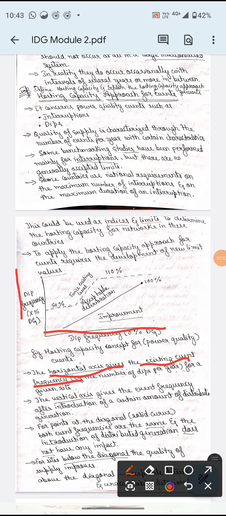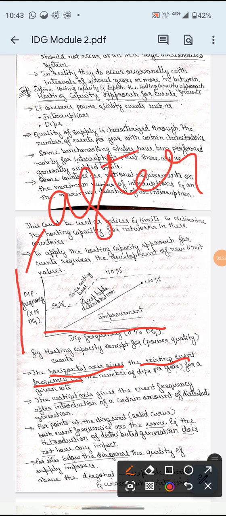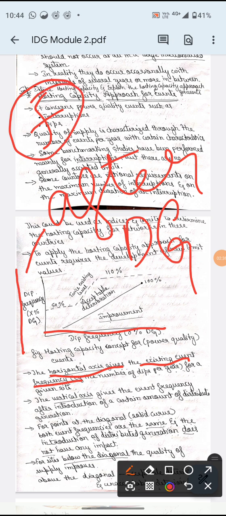The vertical axis is the frequency after distributed generation is included. For example, frequency may change after including the DG. This is without DG during the fault, where DG is not there.